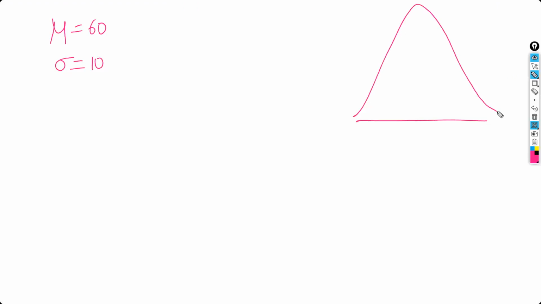First observe this question. Mu value was given as 60. Standard deviation was given as 10. And I'm drawing the diagram. Always first I will write the given data along with the diagram. This is my first step, always.